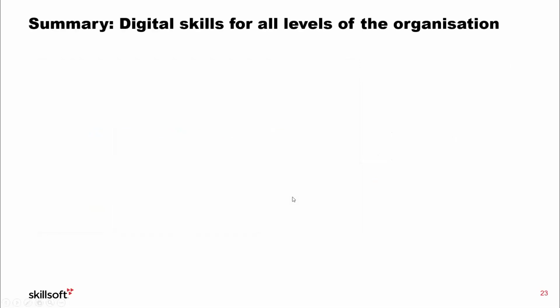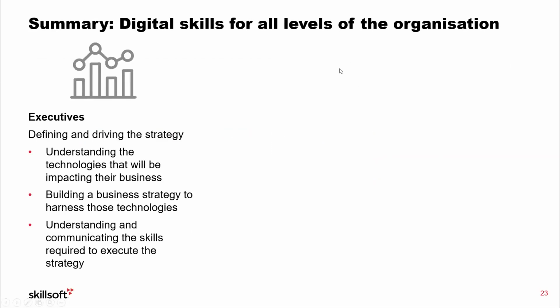So, in summary, the digital skills in your organization from an HR perspective really need to be targeted at 3 areas. The first one of which is executives. Executives need to understand this new technology, some of the disruption that's coming their way, and the need for employees to have that level of agility, have all of those mindsets that I spoke about previously.